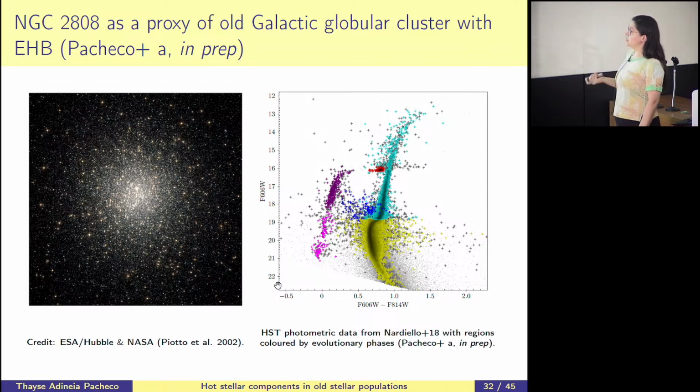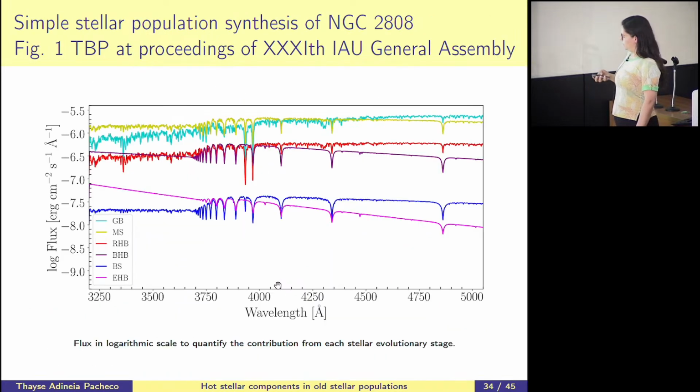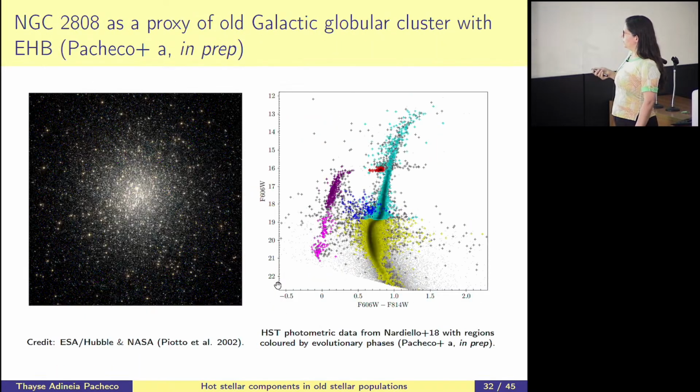We separated the stars by evolutionary phase. So we have in yellow the main sequence, in cyan the giants and supergiants, in red the red clump, in blue the blue stragglers, in purple the horizontal branch, and in magenta the extreme horizontal branch or subdwarf stars.